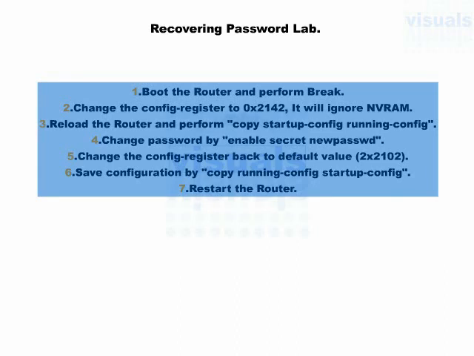As I mentioned, the enable secret secures our privileged and configuration access. After changing that password, I will immediately change the configuration register back to its default value. It is 0x2102. Sorry, it was mentioned wrongly. It is 0x2102. It is the default configuration.